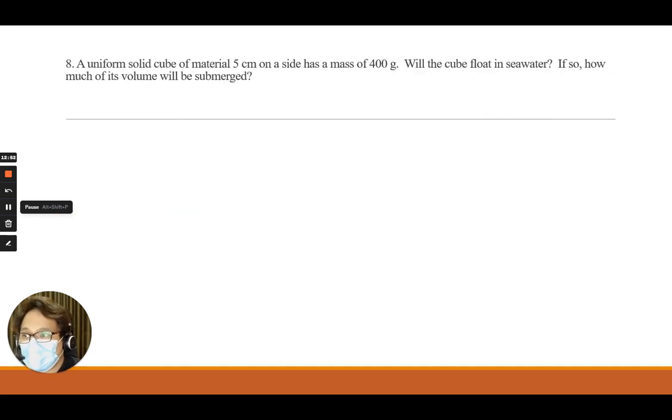Okay, let's go to number 8. A uniform solid cube of material 5 cm on a side has a mass of 400 grams. Okay, will the cube float in seawater? So to know this, we have to get the density of this solid cube. Okay, the volume of the solid cube can be computed by S cube. So 5 cm on a side, 5 times 5 times 5 will give us 125 cm cube.